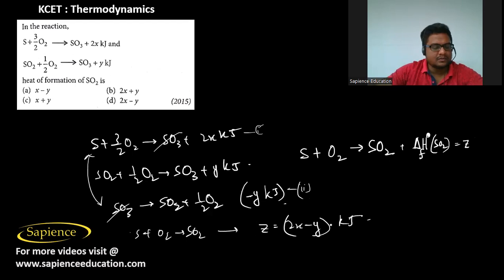Now the enthalpy of formation will be 2x minus Y kilojoule. So option D is the correct answer.